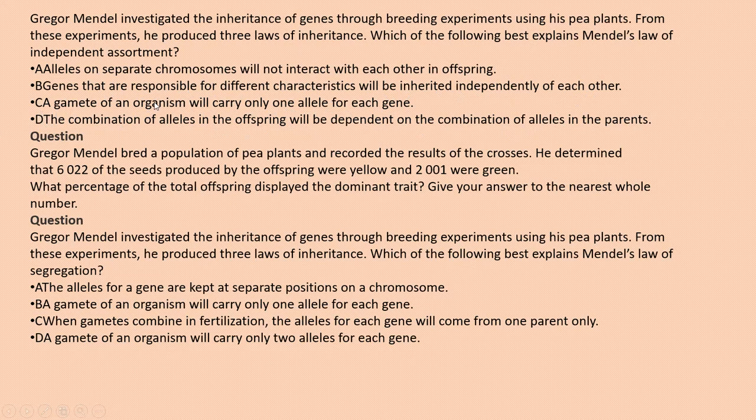Number C, الجاميتس will carry only one allele for each gene. طب اوكي تمام. الجين that are responsible for different characters will be inherited independently. ده صح. Alleles on separate chromosome will not interact. برضو ده صح في experiment. يبقى the best explanation was number B.